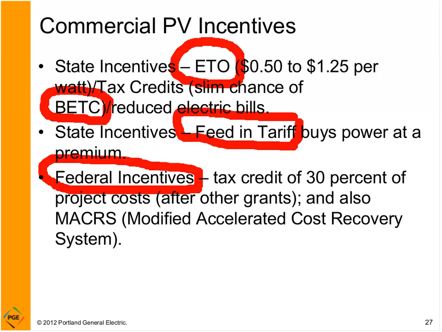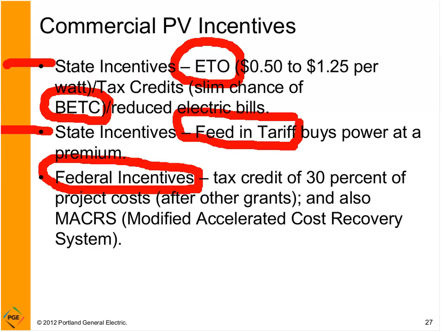If you choose to go with a feed-in tariff as an incentive, you're not eligible for the Energy Trust of Oregon incentive. So basically, you have two options for state incentives. You can go with the Energy Trust, or you can go with feed-in tariff. You have to make a choice of which way to go based on what makes the most sense for you and your system. Talk to your contractor.